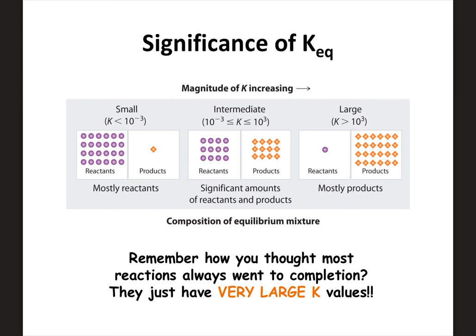So the K value for those types of reactions that seem to go to completion are just very large. All right, you have a lot more products present. So when you would calculate K, you get a very high number here. So in theory, all these reactions might appear to go to completion, but realize there probably could still be some reactants left over, just that a lot more products are present compared to the reactants.